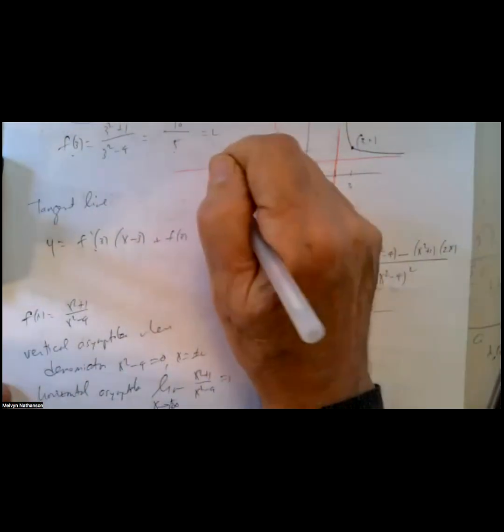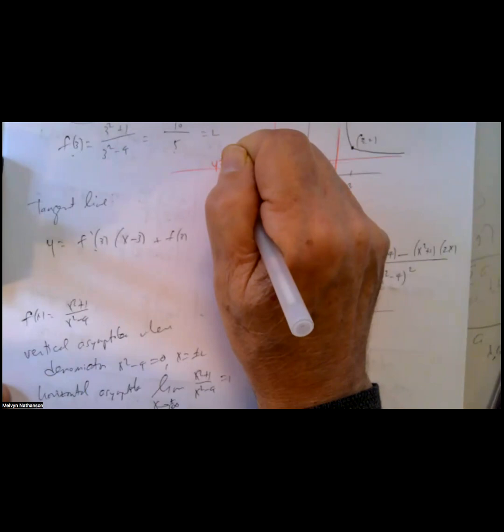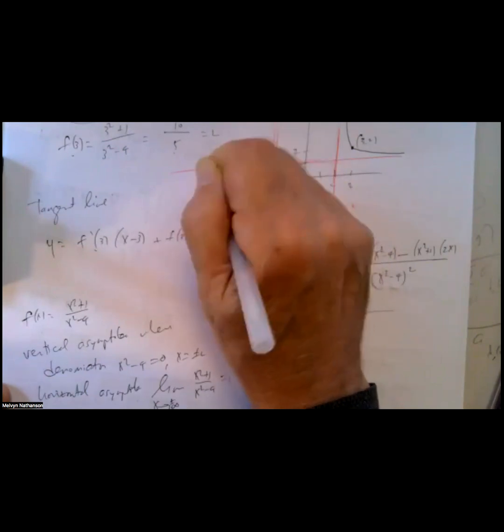So that says this horizontal line, y equals 1, is a horizontal asymptote. That's where the asymptotes come from.